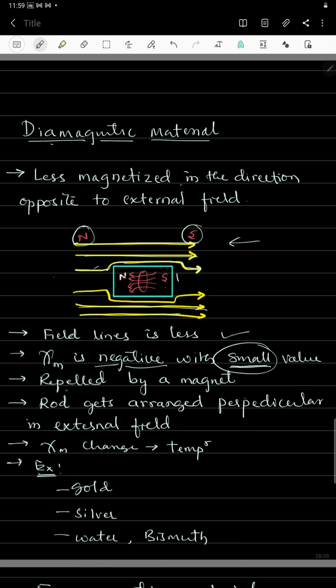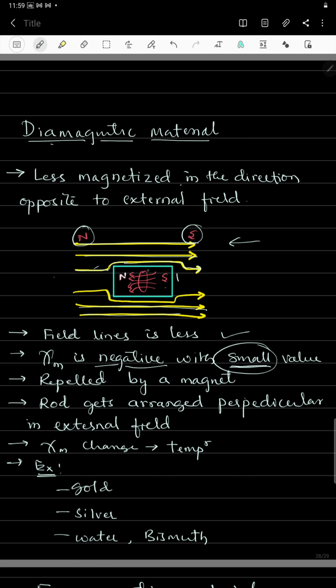And the next point is that it is repelled by a magnet. See here, if you consider this is a magnet, from this magnet the magnetic field lines are repelled. Repelled means it is moving out from the magnetic material. So next, the rod gets arranged perpendicular in the external magnetic field.